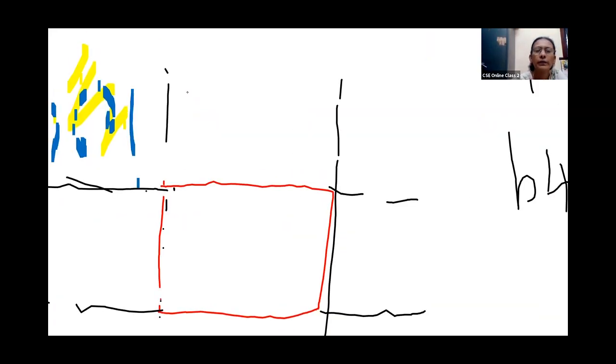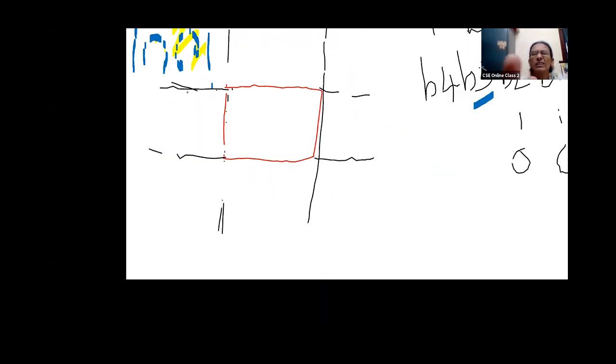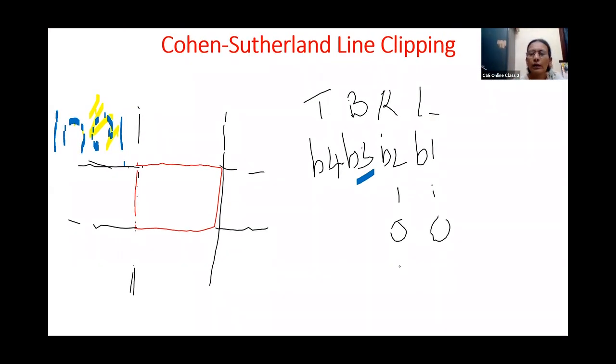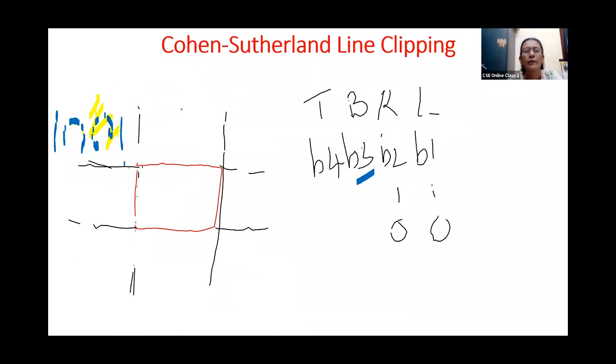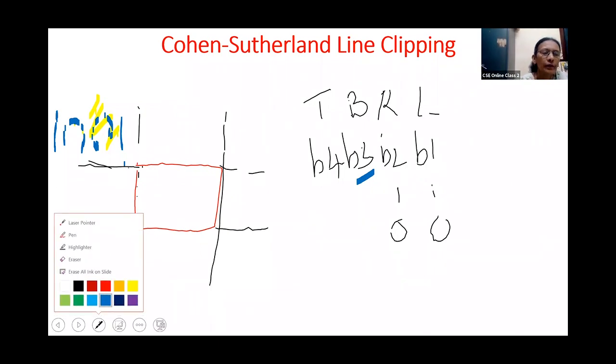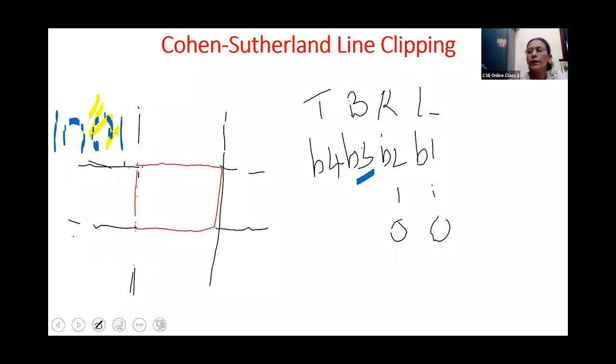For this region, the point is not to the left of the left boundary, and so that bit is 0.